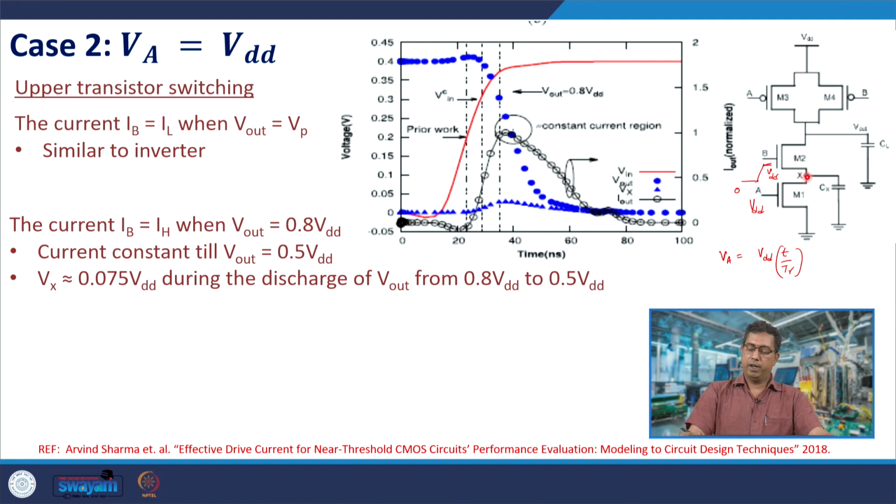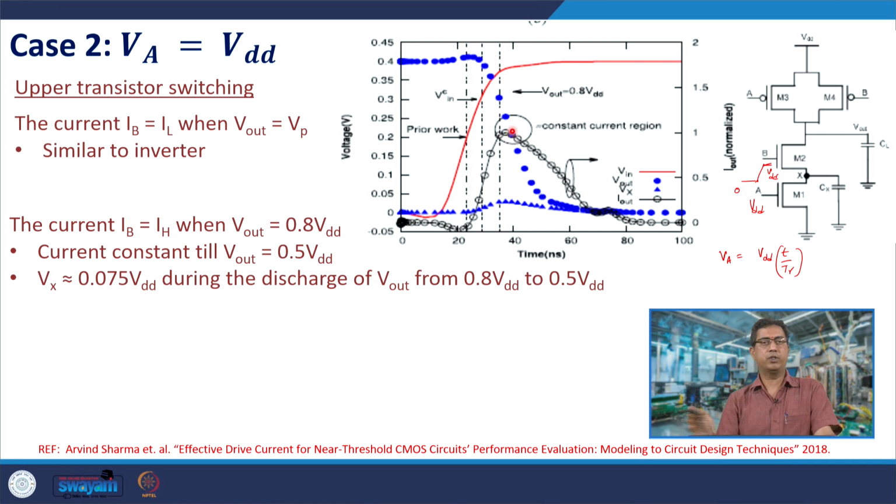That is because if the voltage at node X changes, suppose it increases, then VGS of M2 would reduce, and if VGS of M2 reduces, then the current through M2 must reduce. But the current through M2 is almost constant after the output reaches 80% value, like in an inverter.